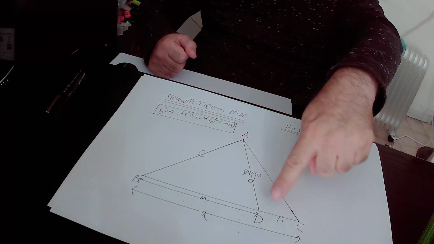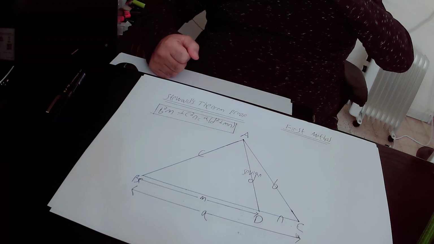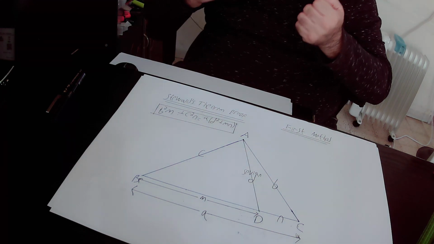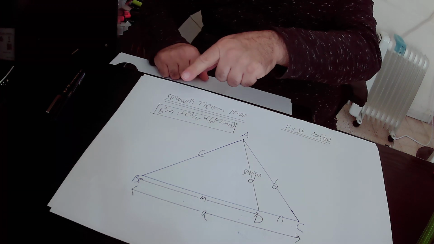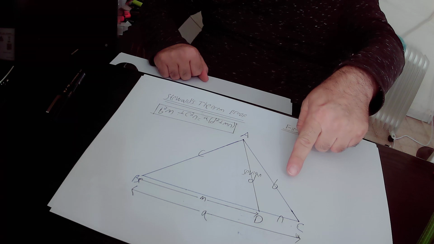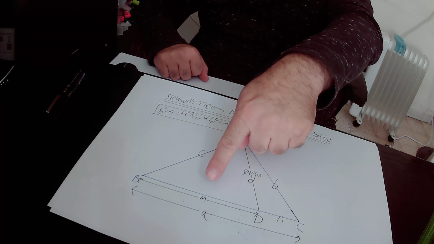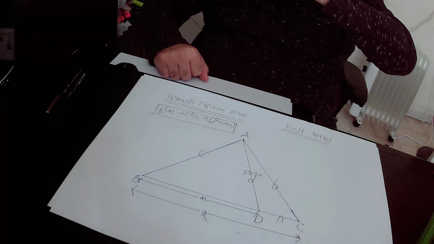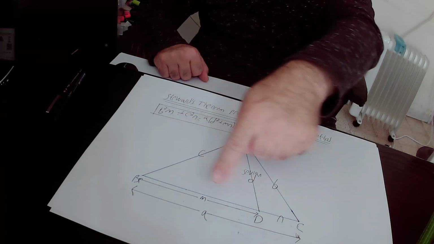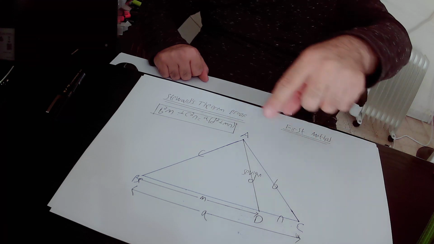The cevian is AD. And according to Stewart's theorem, the following equation is true, that b squared times n plus c squared times m equals a, and we will open brackets.